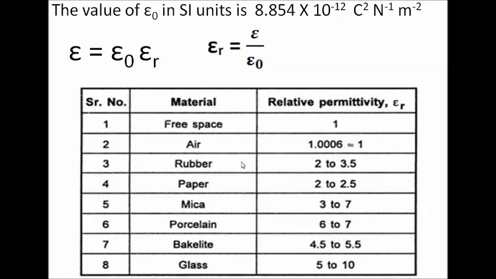The dielectric constant of rubber varies from 2 to 3.5. Dielectric constant or relative permittivity of paper varies between 2 to 2.5, and for mica sheet it varies from 3 to 7, likewise. So this is the relative permittivity of a few materials.